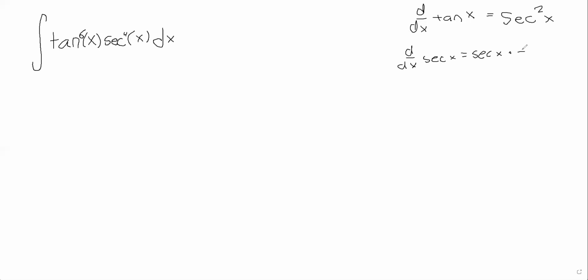Well, I think here, first thing that jumps out is u sub, since we have secant and tan, and there's just two derivatives of the trig functions that involve these. So I think what this problem is going to be about is finding out which of those derivatives we can use more to our advantage.